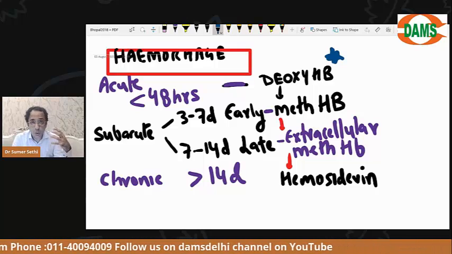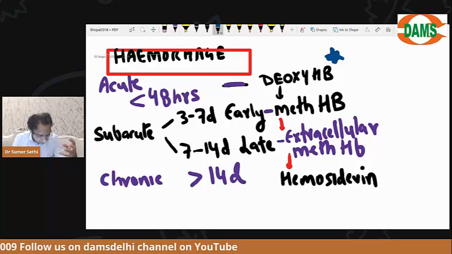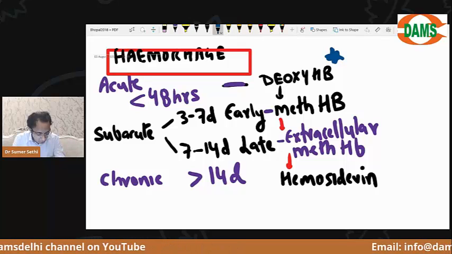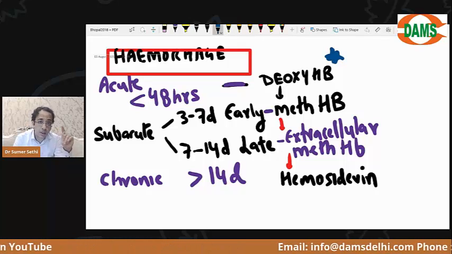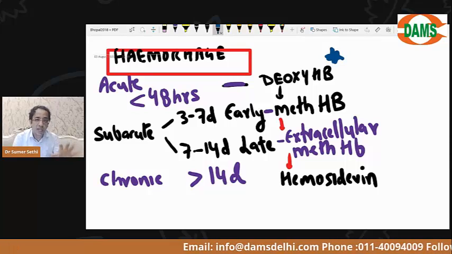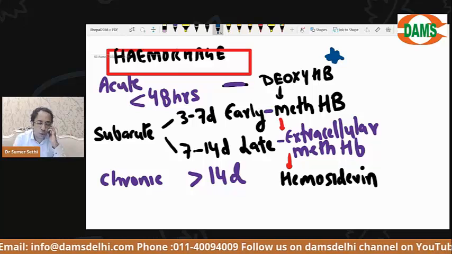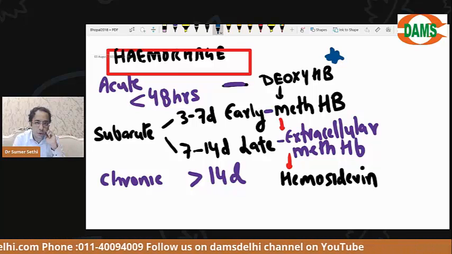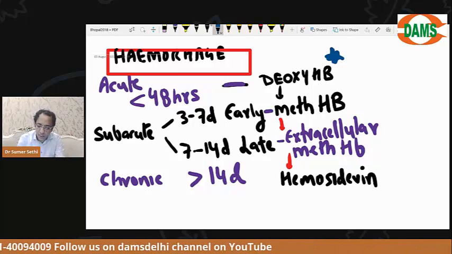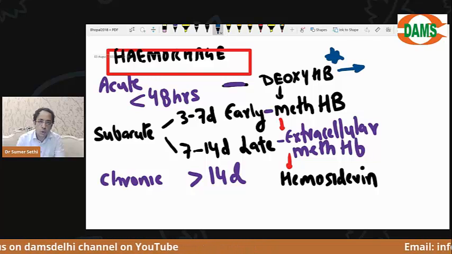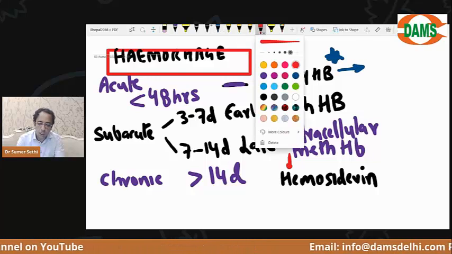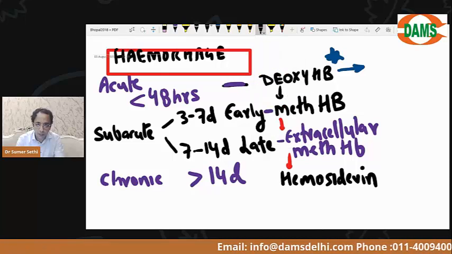The number of unpaired electrons in the outer shell is the basis of how magnetic that molecule will be. Deoxyhemoglobin does not have unpaired electrons. So on MRI it has no special appearance.